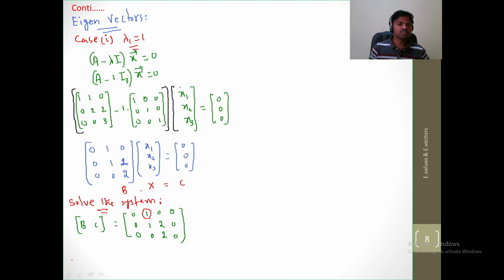For that, let us apply the proper row operations. Now the second row is modified: R2 becomes R2 minus R1. Now this becomes 0 1 0 0, and 0 0 2 0, and 0 0 2 0.